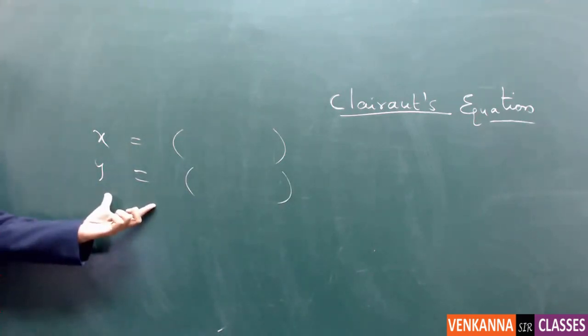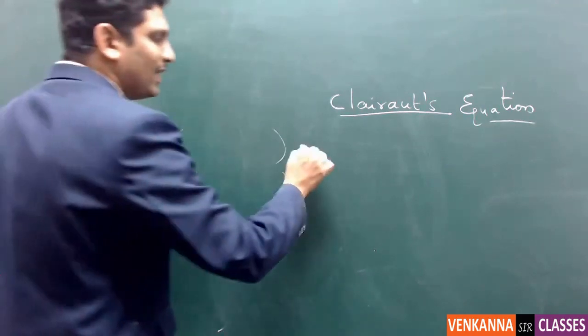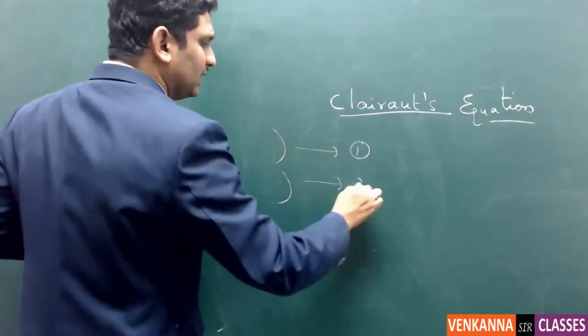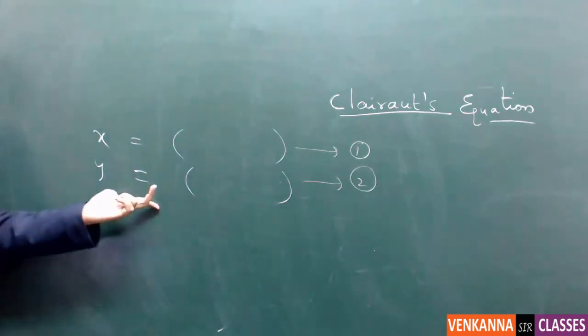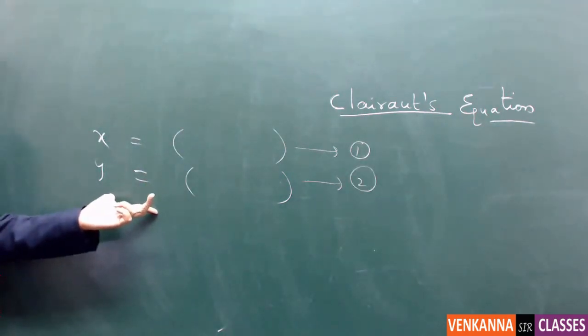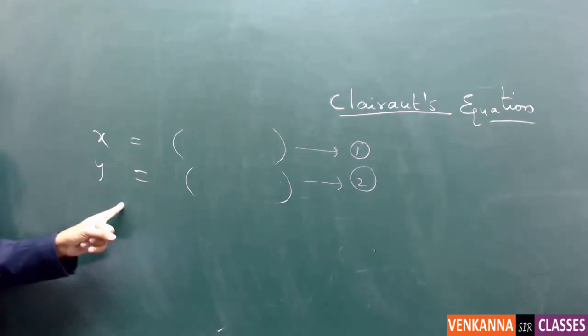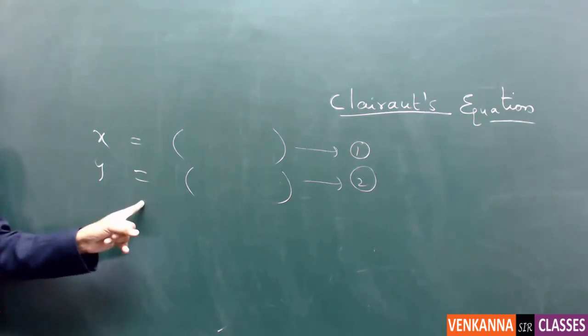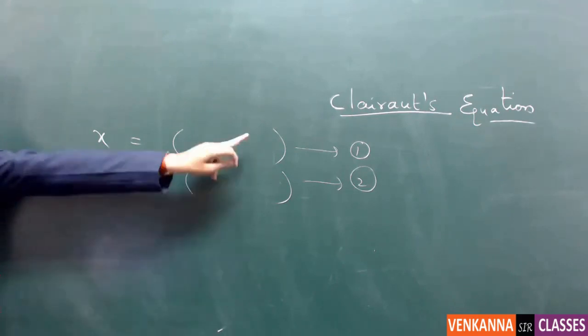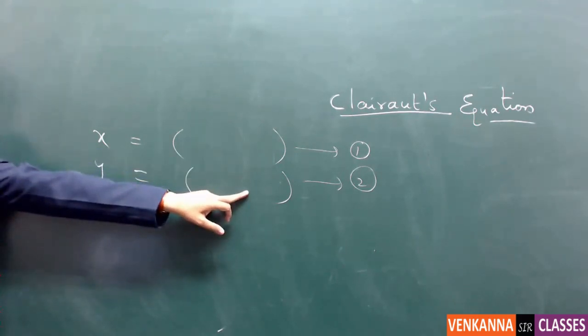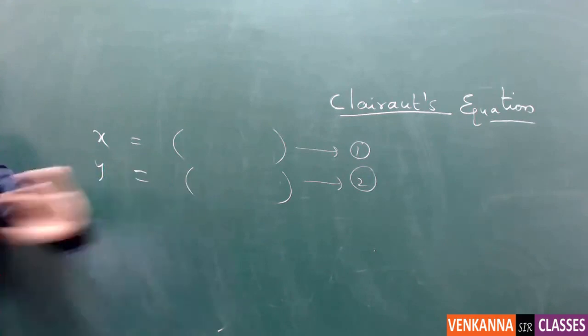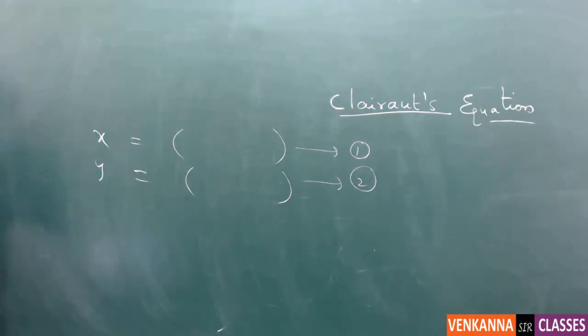At the conclusion, for these two values, we give the equation for x as 1, and for y the equation as 2. At the last, we mention that it is not possible to eliminate p. So 1 and 2 together will give the general solution that we write in the exam.